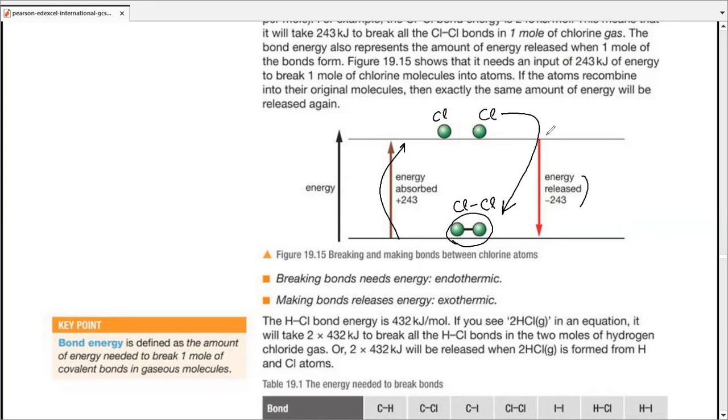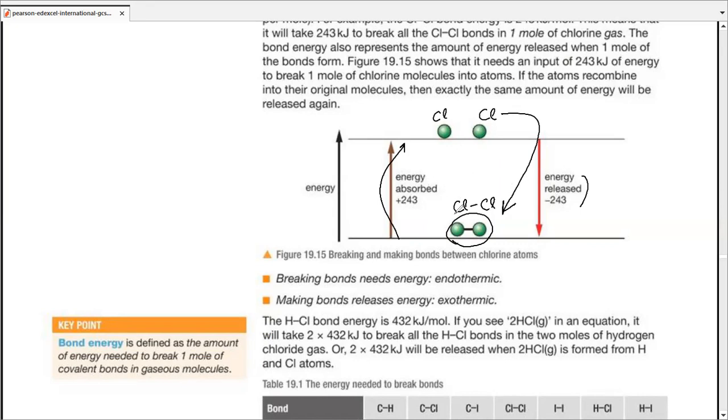Once the bond is formed, the exact same amount of energy is released, which if you give back to the bond, it would break again, right? So that means the bonds, when they form, release the same amount of energy which they require if we want to break that bond again, which means the energy is going to be the same on both sides.